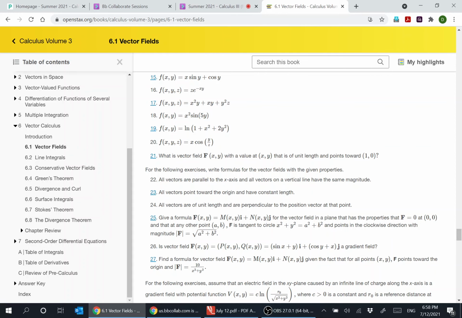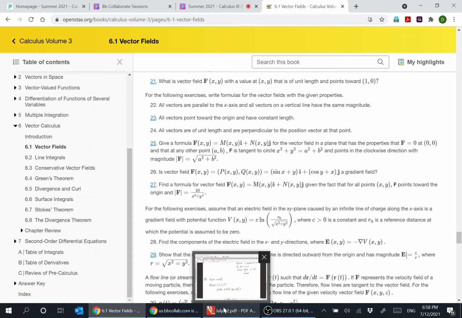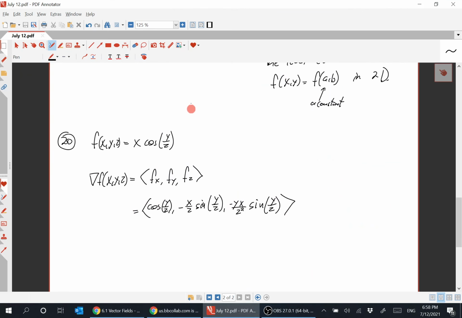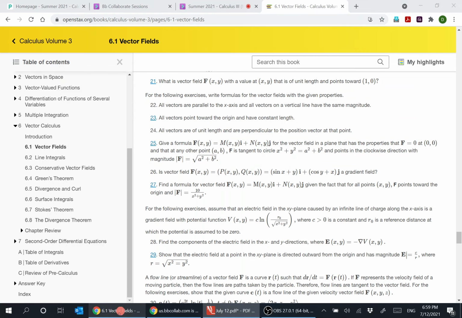26, 27. So number 26: is the vector field F equal to this a gradient vector field? Okay, so sine x plus y, cosine y plus x. Right?